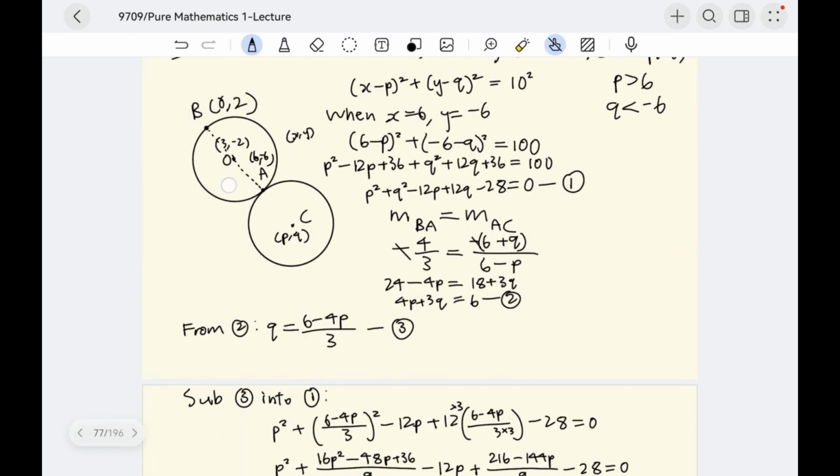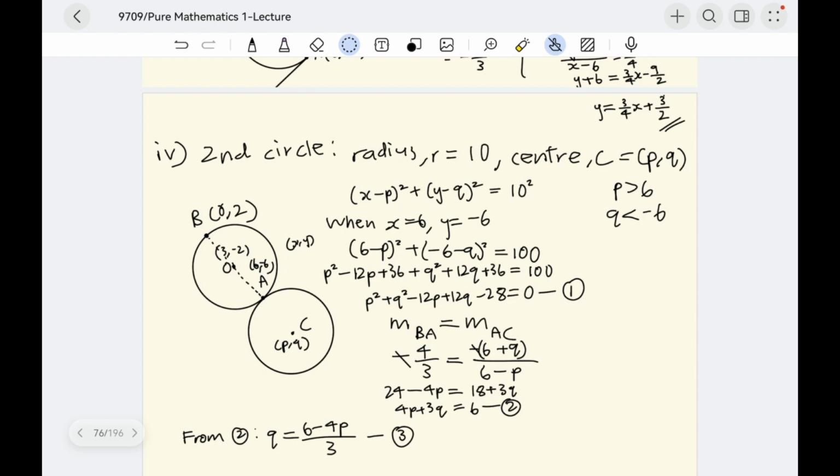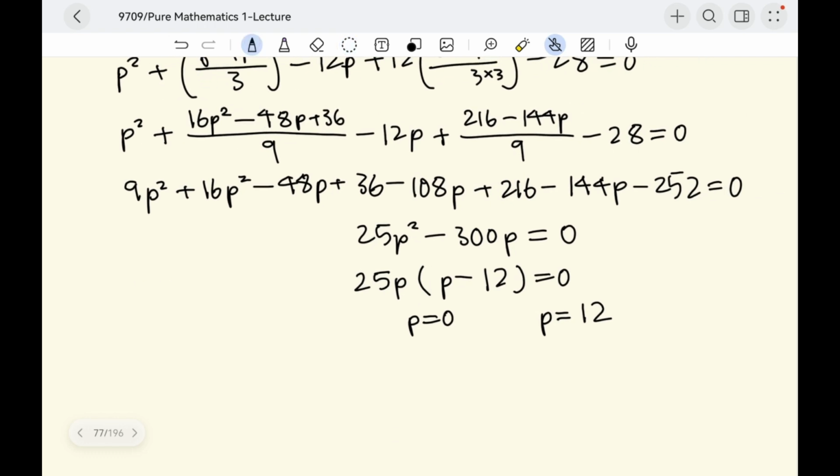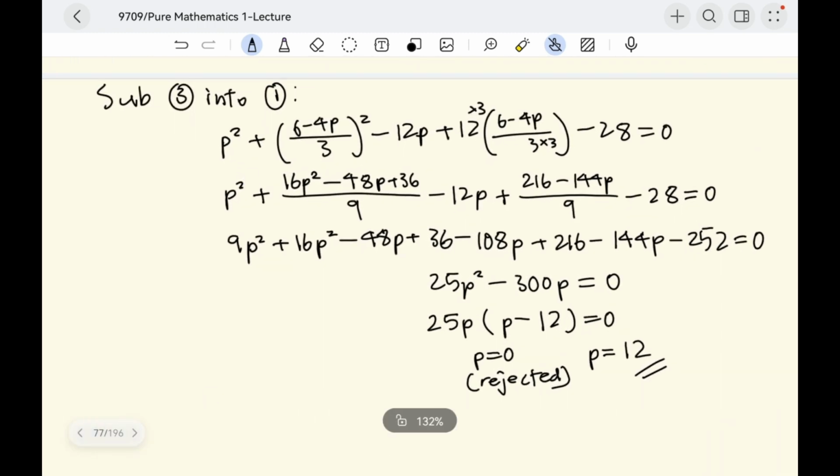But from the condition, from the boundaries above that I have set, p must be greater than 6, so means that only p equals 12 is a sensible value. Okay, where 0 doesn't make sense. So you have to reject p equals 0.